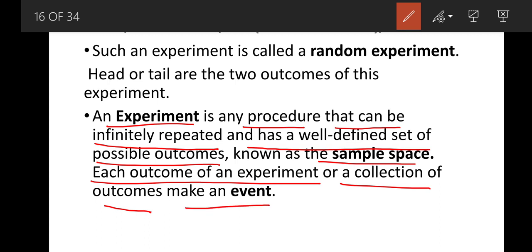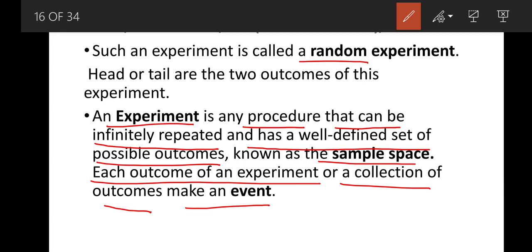So we have learned here what a random experiment is. An experiment is called random if it has more than 1 possible outcome and it is not possible for us to predict the outcome in advance. That is random. And an experiment is basically any procedure that can be infinitely repeated and has a well-defined set of possible outcomes, known as the sample space.